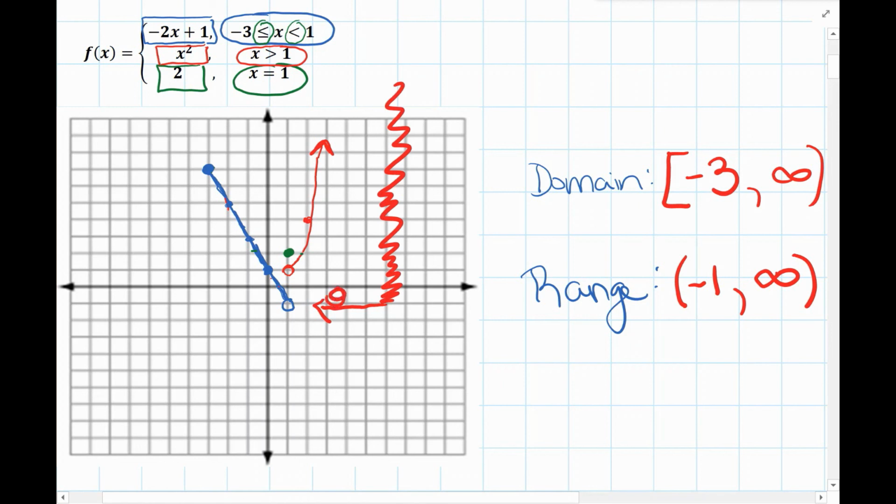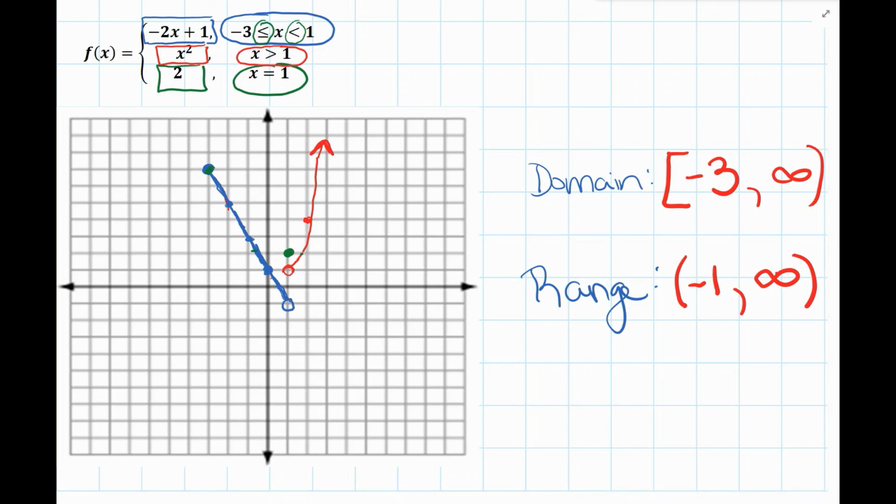One more question it's going to ask is, is this piecewise function continuous? It depends on if this graph is connected or not. When you trace over this piecewise function, if you can start on the left-hand side and draw all the way across this entire graph without picking up your pencil, then you say that it is continuous.